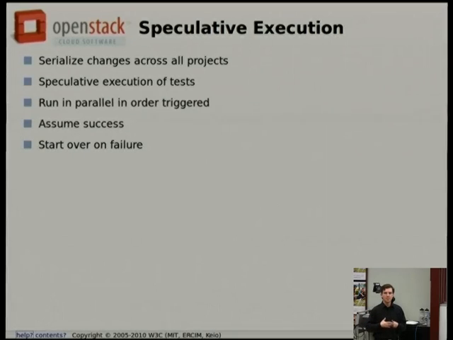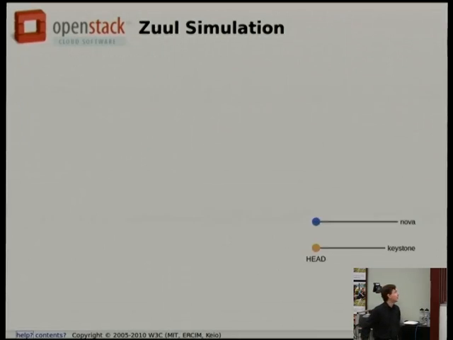And as long as all of the changes end up passing, then this sort of future you've predicted, where each of those changes is going to merge, will come to pass, and everything's fine. As it turns out, if one of those changes fails, then your prediction is wrong, and you have to discard the work that you've done and recalculate it.